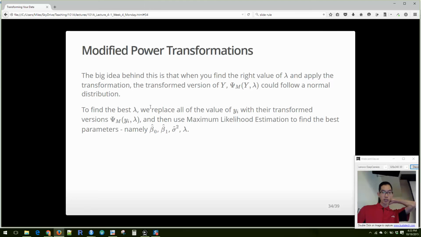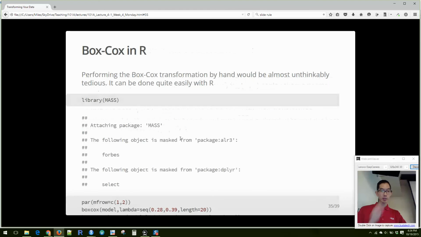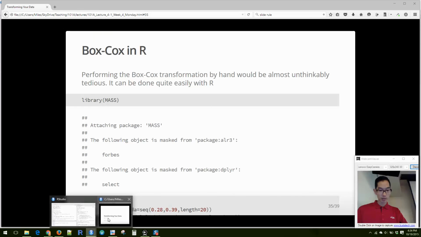All right, and so to find the best lambda, or the maximum likelihood estimate of lambda, we're going to take all of our data, y sub i, replace them with the transformed version, with that geometric mean and all of that, and then we find the MLE estimate to find the parameters.